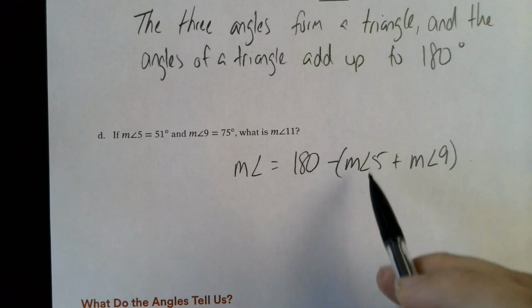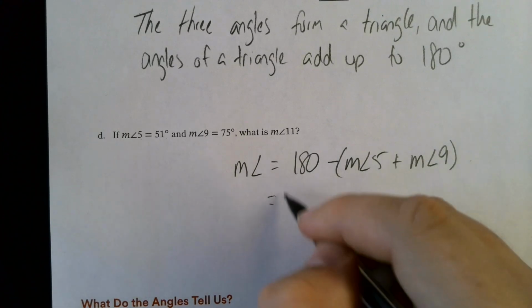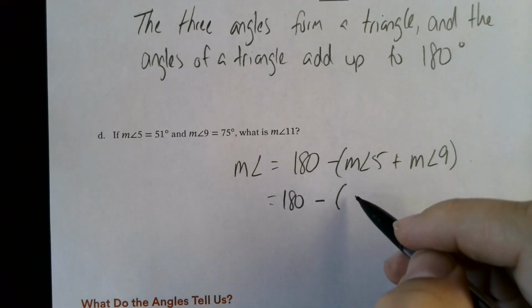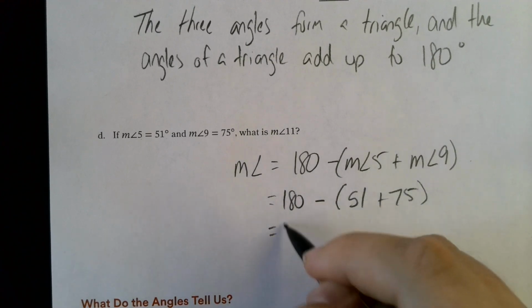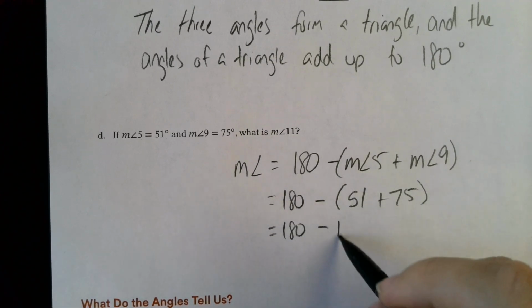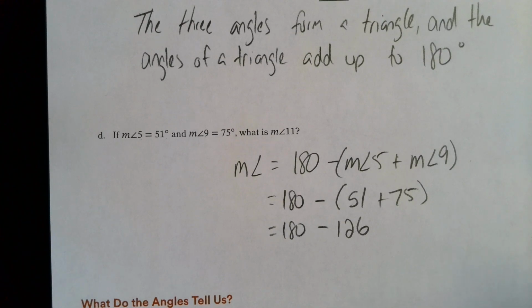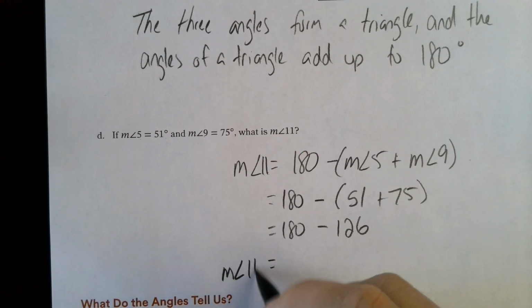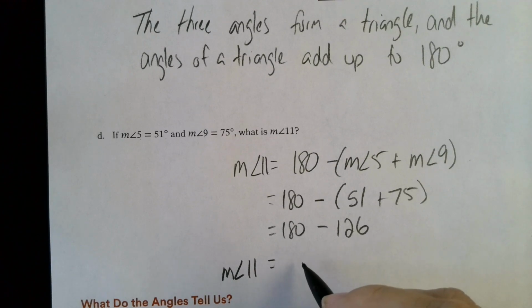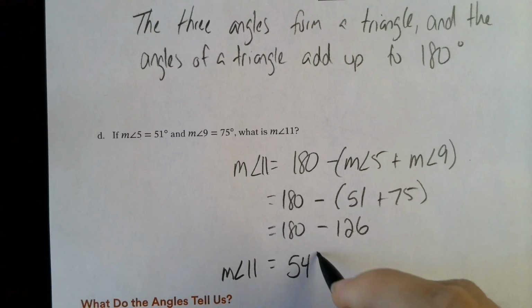So I'm going to add these two together. 180 minus 51 plus 75, which is 126. And when I subtract there, I get the measure of angle 11 to be 54 degrees.